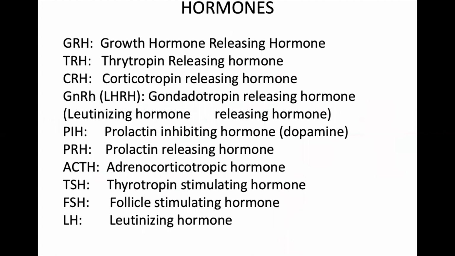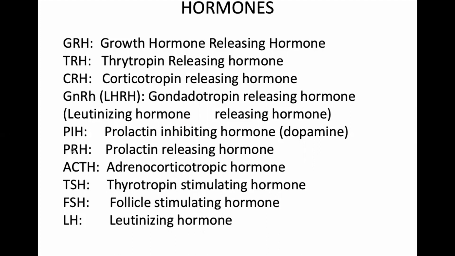These are the short forms: GHRH, growth hormone releasing hormone, then thyrotropin releasing hormone, corticotropin releasing hormone. Who releases these? They are released by the hypothalamus. Then the prolactin inhibiting hormone, the prolactin releasing hormone.